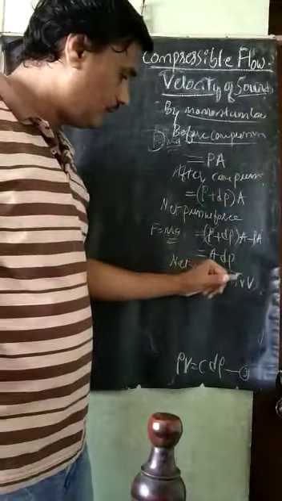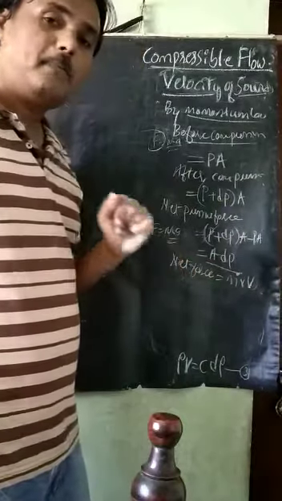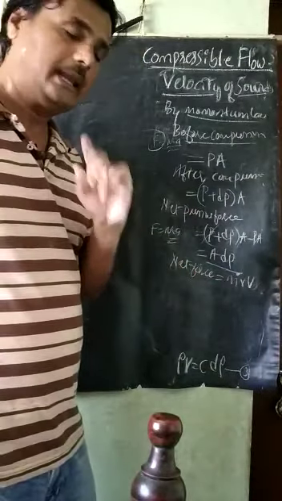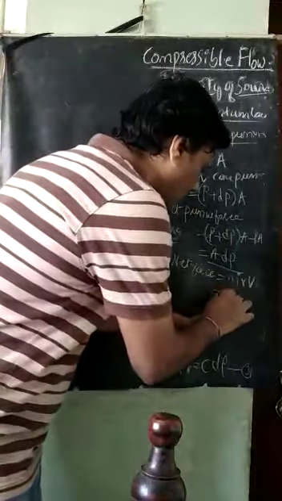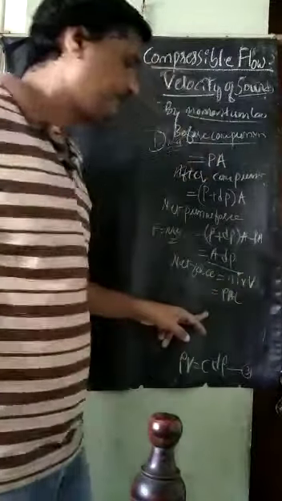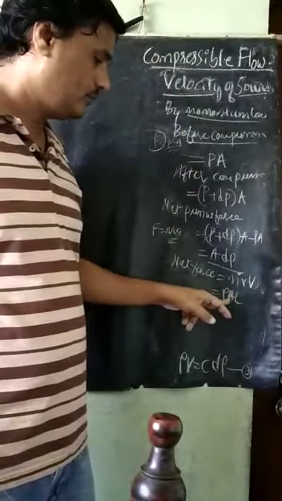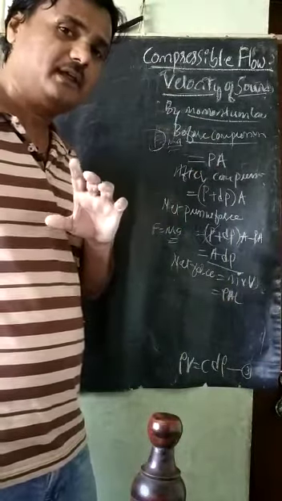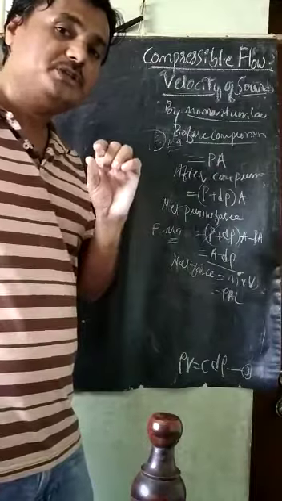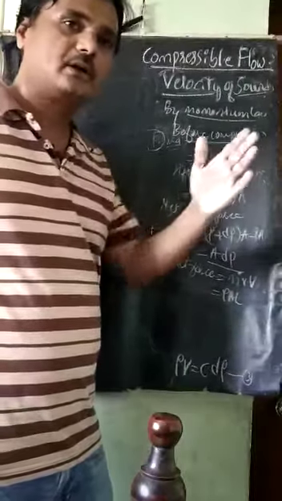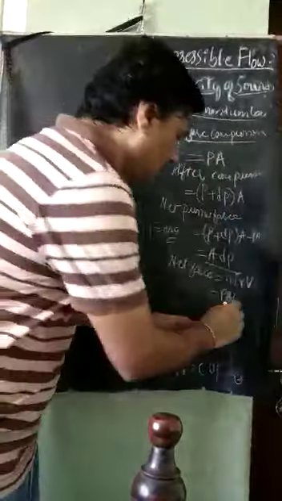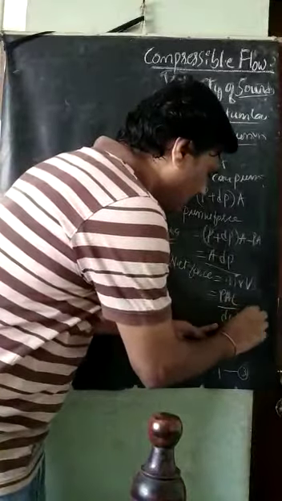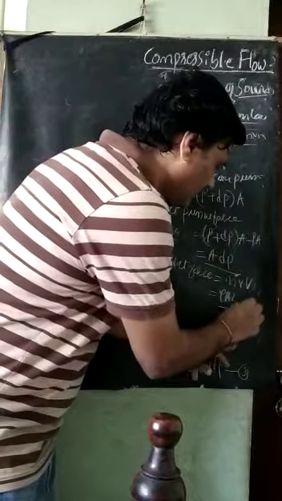So mass flow rate, how to write? Mass means it is rho A L, right? Kg per meter cube, this will become a mass. Mass flow rate means it is kg per second, so we divide by the time at which the compression is taking place, that time is dt, into this velocity v.